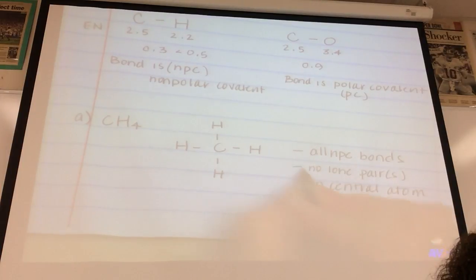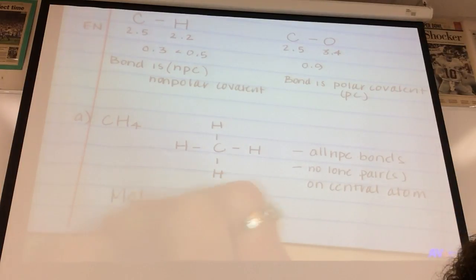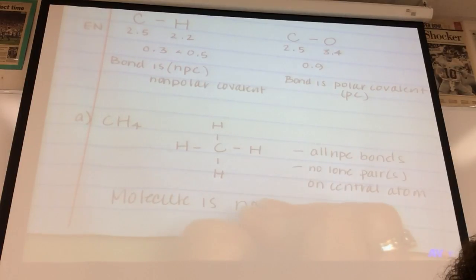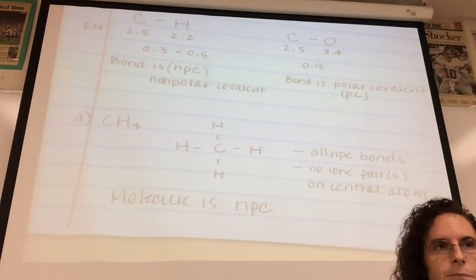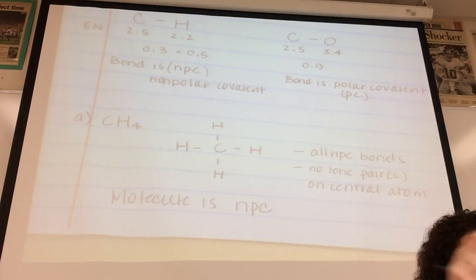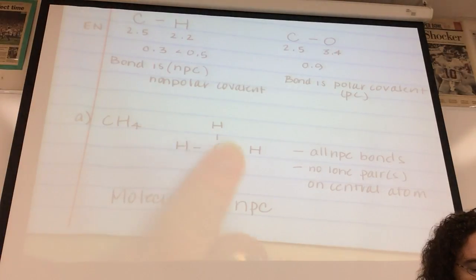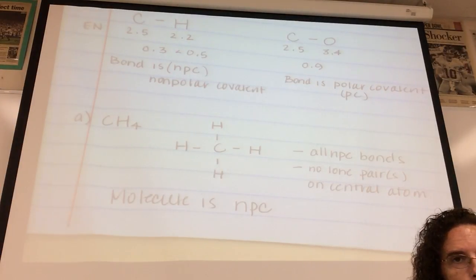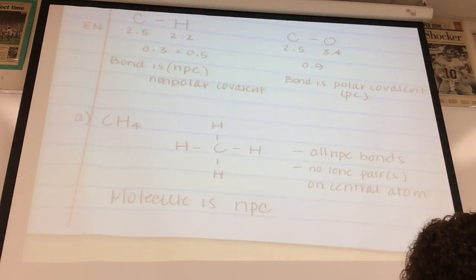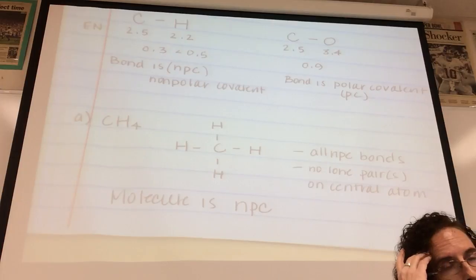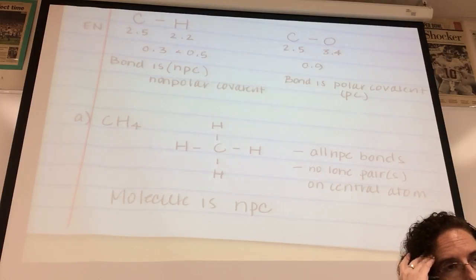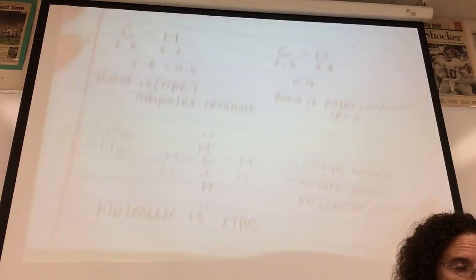And with this combination, the molecule is nonpolar covalent. So when you look at your structures, you're going to look at the bonds. If they're all nonpolar and there are no lone pairs on the central atom, the molecule is nonpolar covalent. Now, if you only have two of the same atom, it has to be nonpolar covalent because the electronegativity difference would be 0.